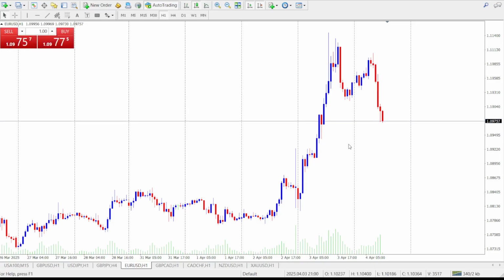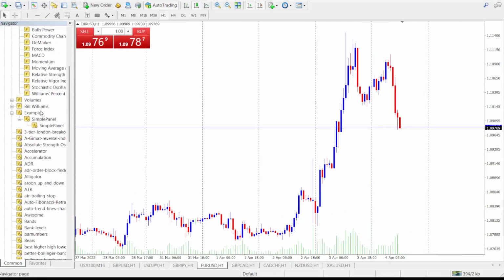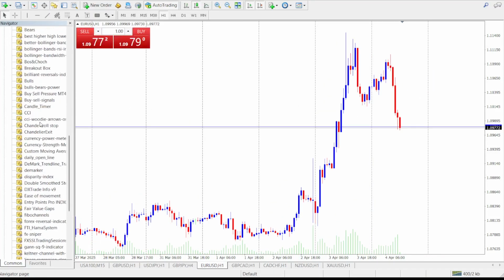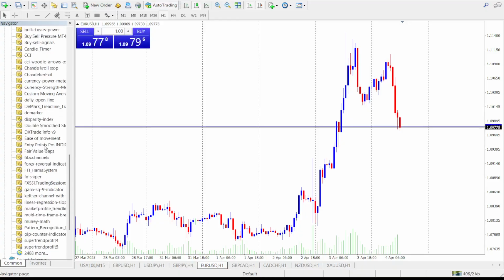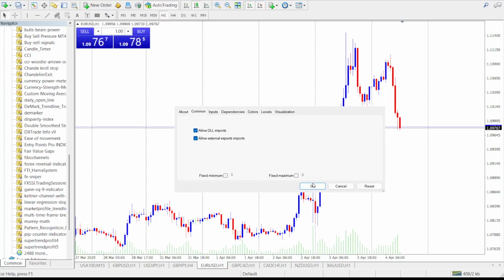It's a tool that's all about spotting market momentum, trend reversals, and continuation opportunities like never before. So I'm going to be adding the indicator to the chart right now, the Disparity Index Indicator for MetaTrader 4.